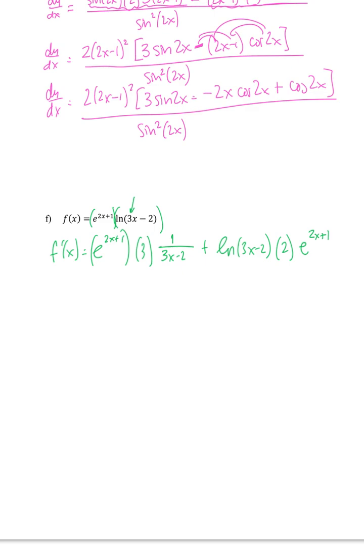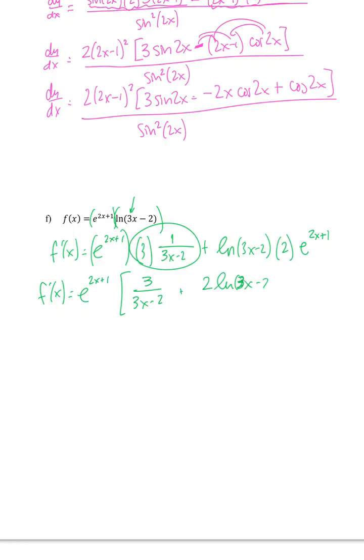Okay, so now it looks like those 2 terms have an e to the 2x plus 1 in common. So I'm going to factor that out. And here, I'm going to write that as a fraction. That is a 3.